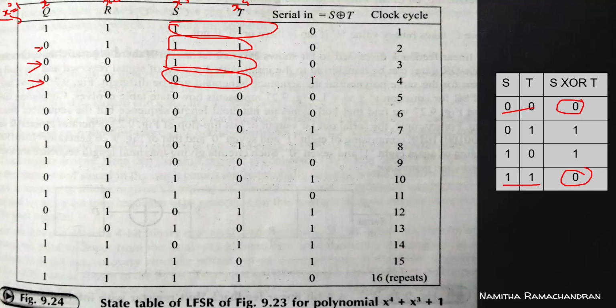So the output of the XOR is 1. That 1 forms the input of our first flip-flop. So in total, how many different states will it generate? 1, 2, 3 up to 15. That is 2 to the power 4 minus 1. 16 minus 1, 15 different states, and after that it will repeat the same pattern.